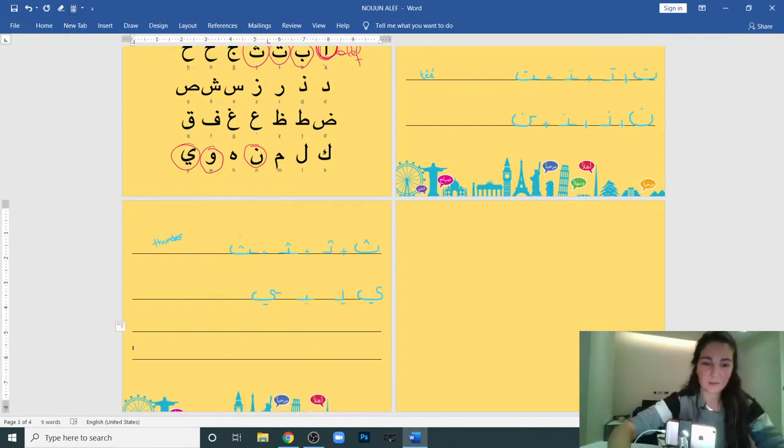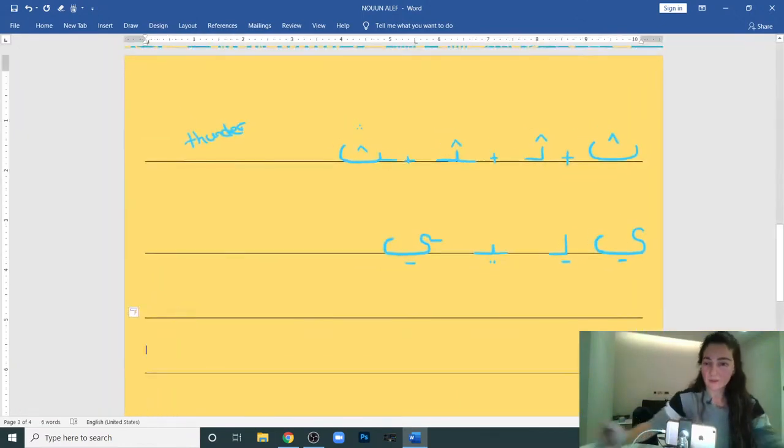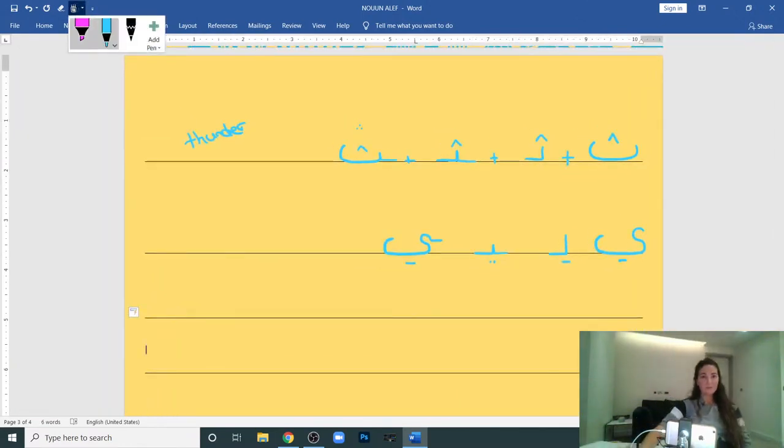Yeah, okay, and now I can increase the size. Okay, so we have the Alef. My lines are a bit close, so I'm just going to do it here. So this is the initial form of the Alef, plus this is the middle form of the Alef, plus this is the final form of the Alef.